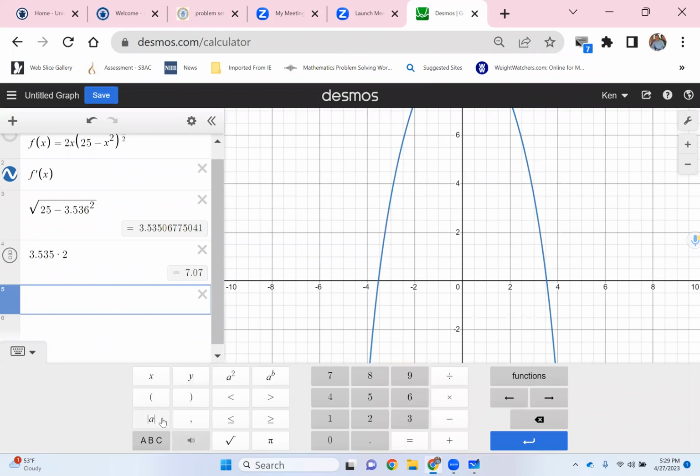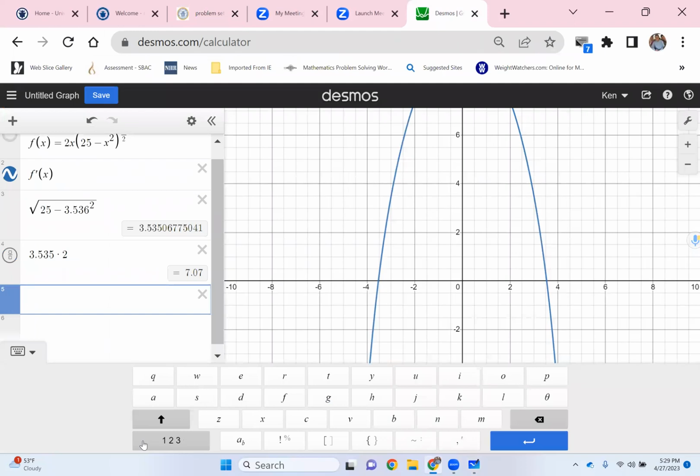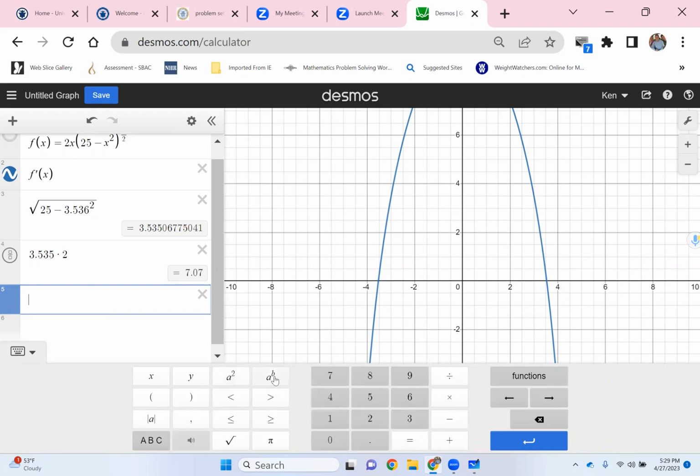Okay, so I'm going to have to do this and make the exponent 1/3.